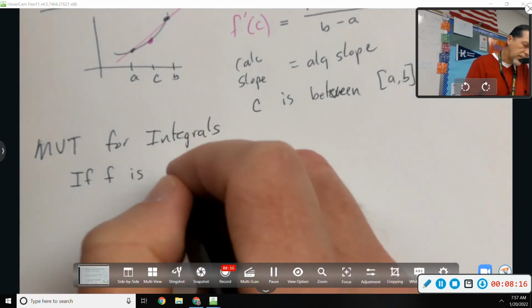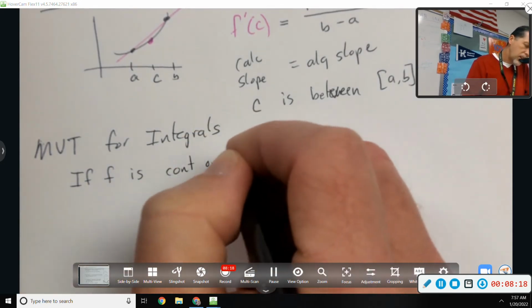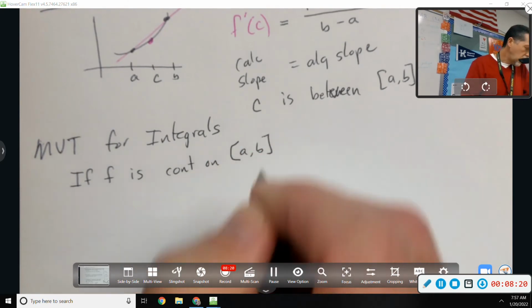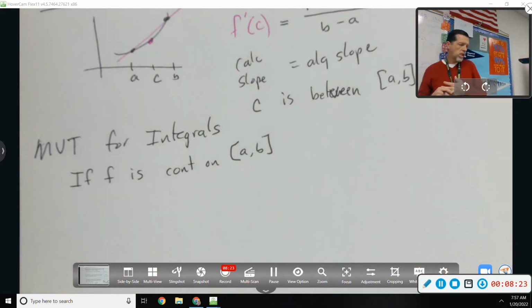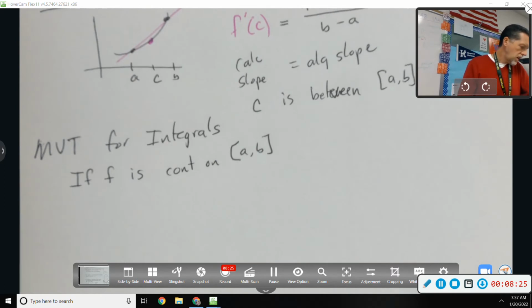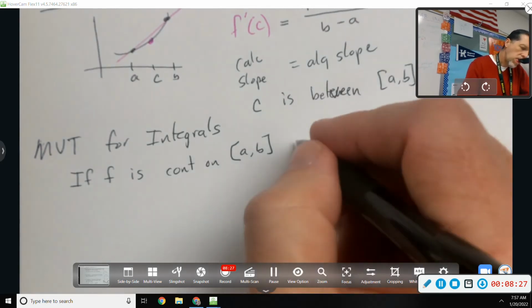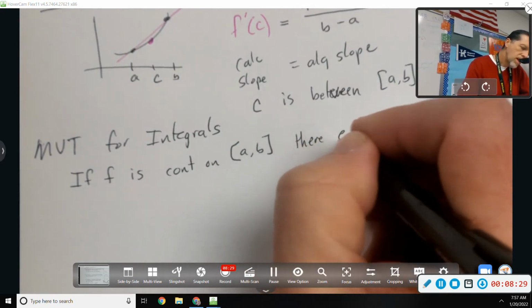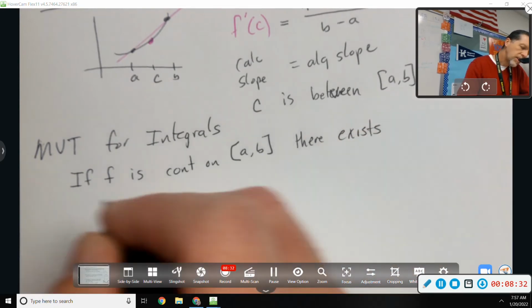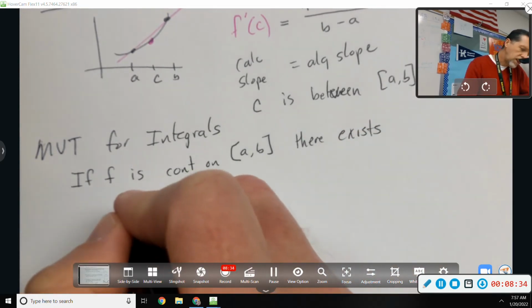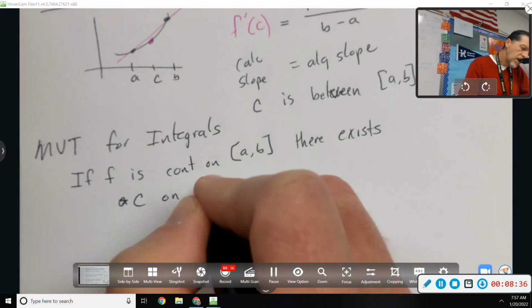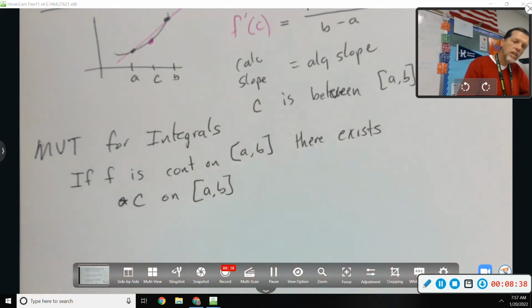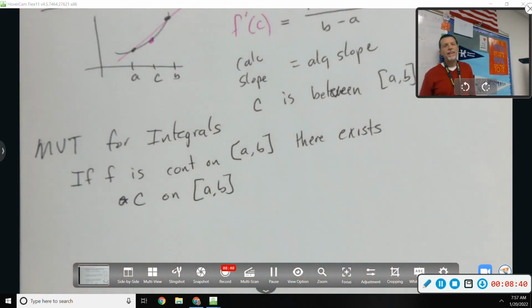If f is continuous on a to b, there exists c on a to b, so that part's kind of the same. Like MVT tells us there's a c in between a and b. For derivatives, it says that the calculus slope equals the algebra slope.